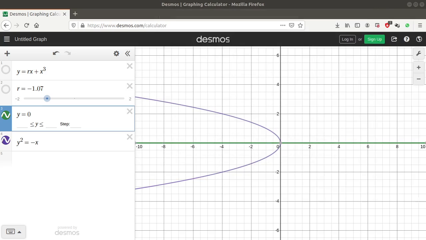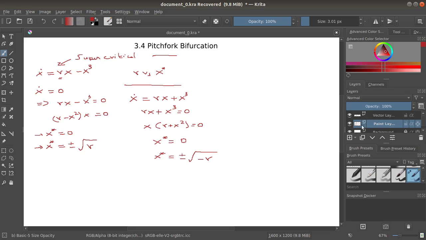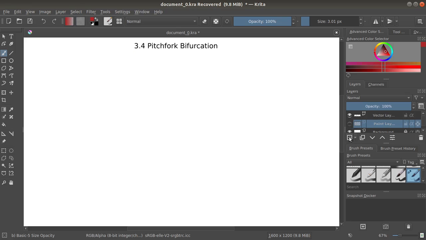Now what we are going to do is see an example for supercritical pitchfork bifurcation. So the example which we are going to consider is this: x dot is equal to minus x plus beta times tan hyperbolic of x.